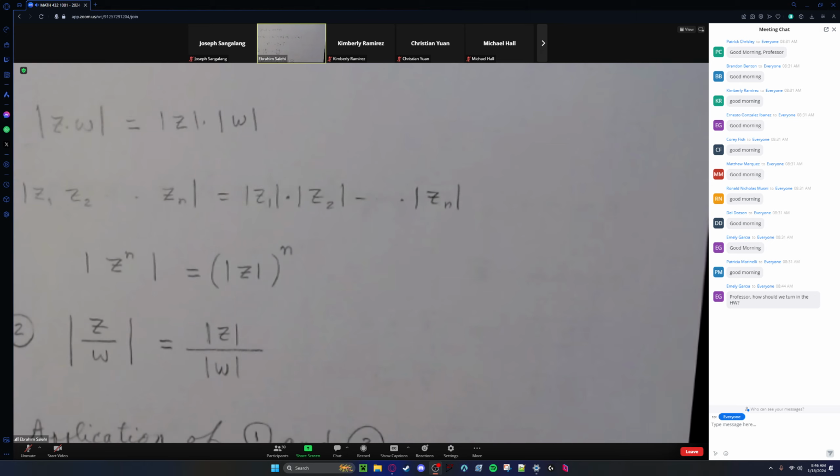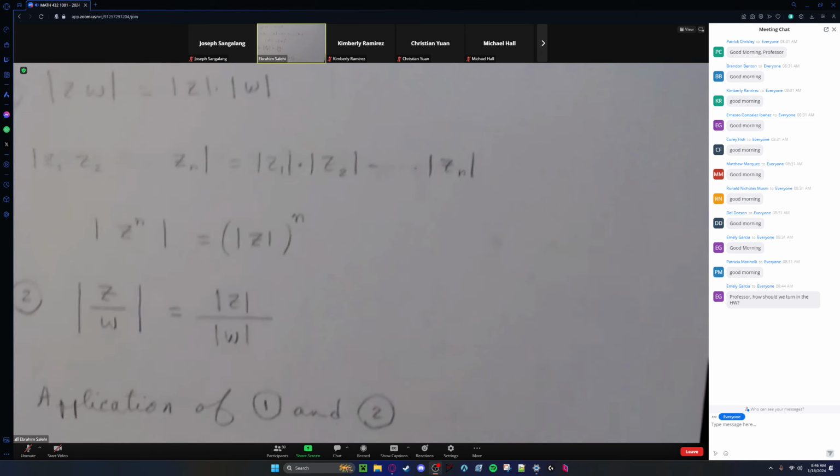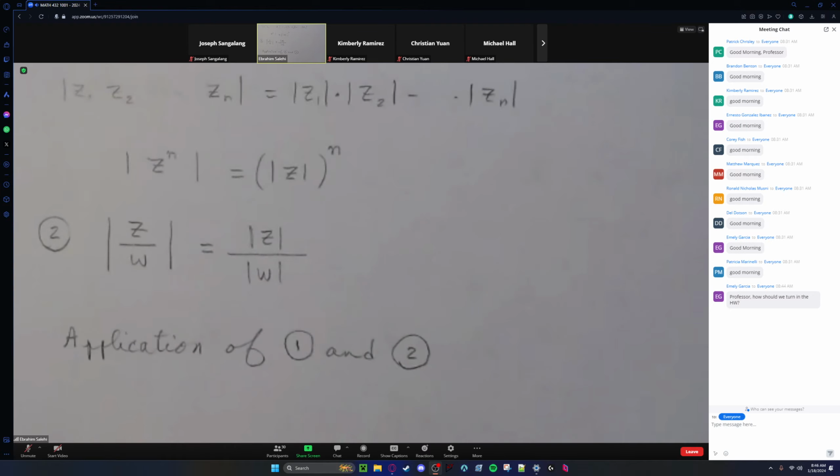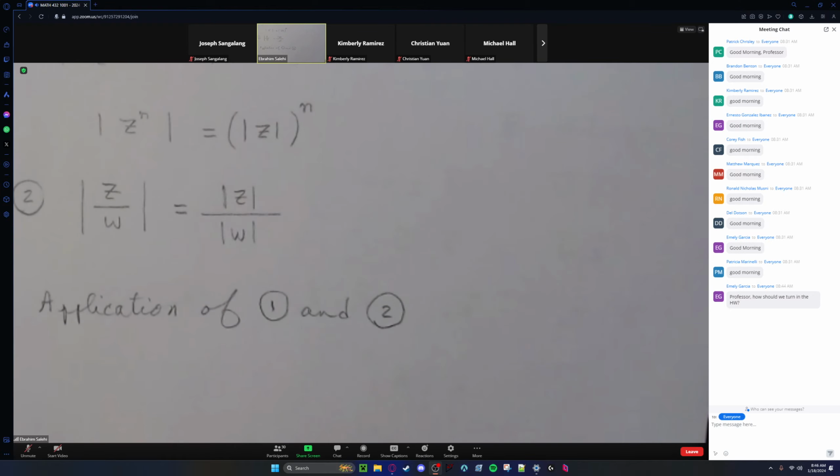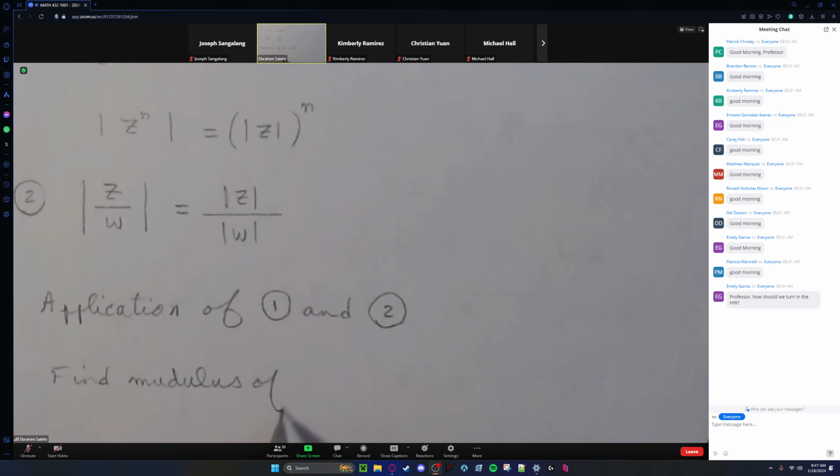You're going to have a question in your test number 1, like this example that I'm going to give you. So you will be asked, find the modulus of this fraction.